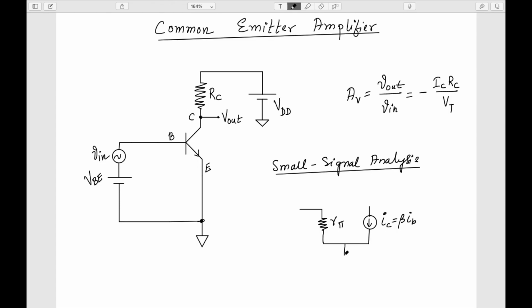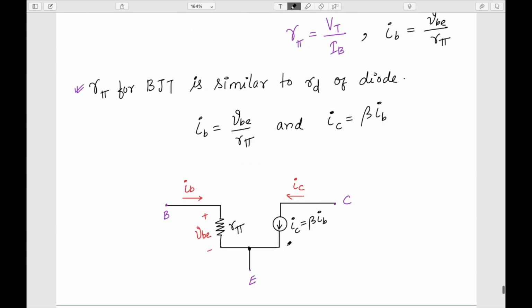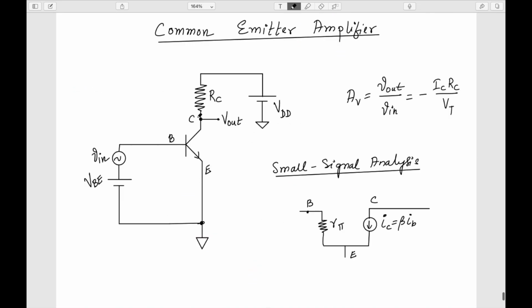This is my emitter, this is my base, and this is my collector. So I have just drawn the small signal circuit that we have derived in the previous discussion. Basically I have just redrawn this portion, so this represents my BJT.